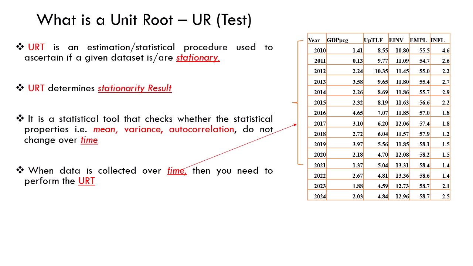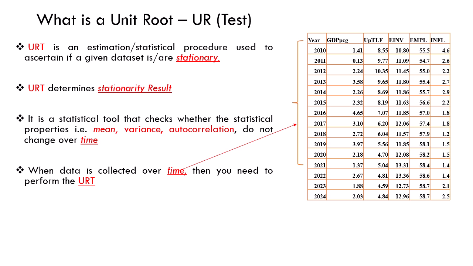Therefore, to subject this data to reasonable estimation, applicability and prediction purposes, we have to ensure that we perform a unit root test on this data to make sure that it becomes stationary.